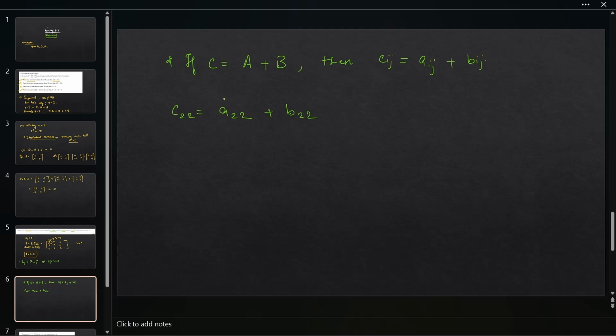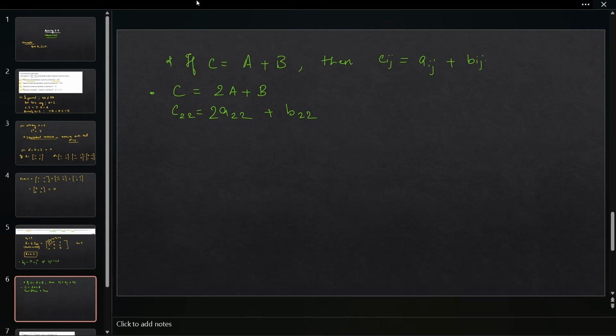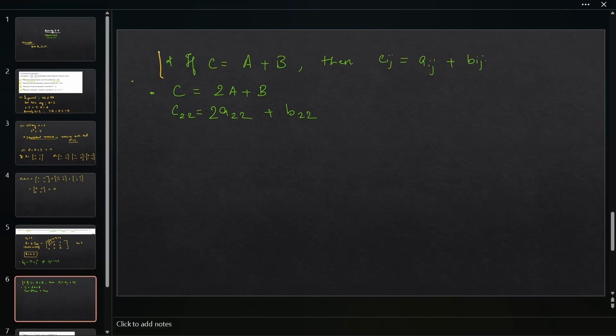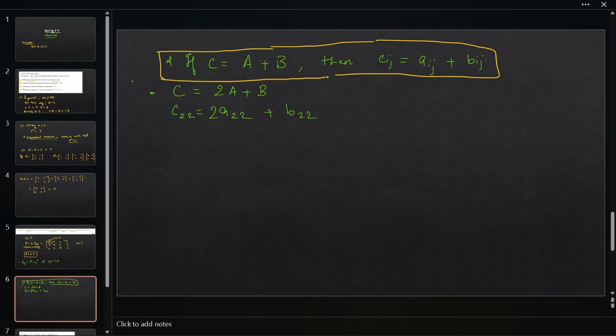Here I am defining my C as 2A plus B. In that case, my Cij would be defined as C22 is equal to 2A22 plus B22, right? This was rather a general statement, so let me put that statement inside a box.